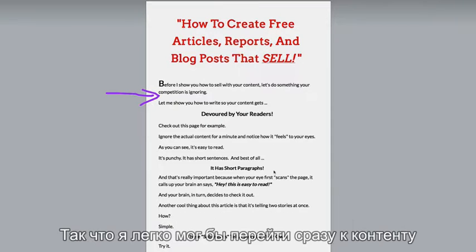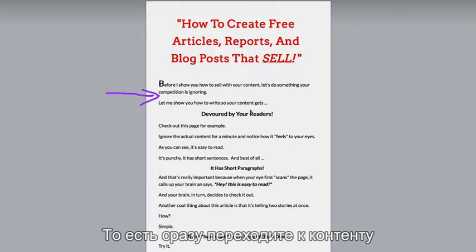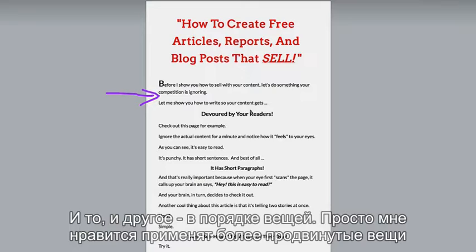So I could have easily gone straight into the content. If this concept of open loops seems confusing or weird to you, just do what feels natural, which is to go straight into the content. Either way is okay. I just like to get a little bit fancy.